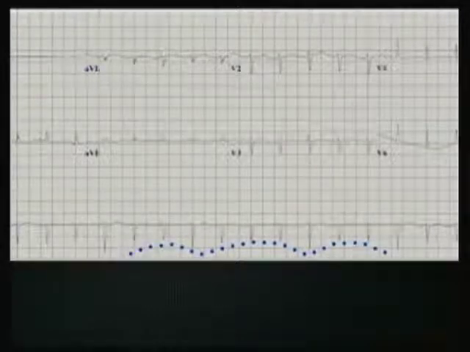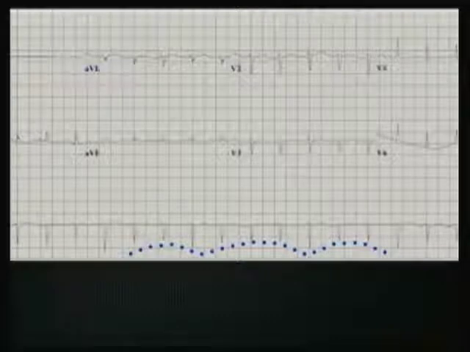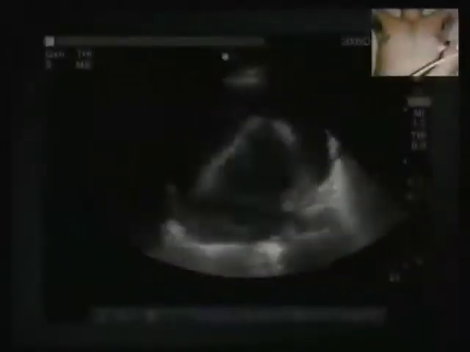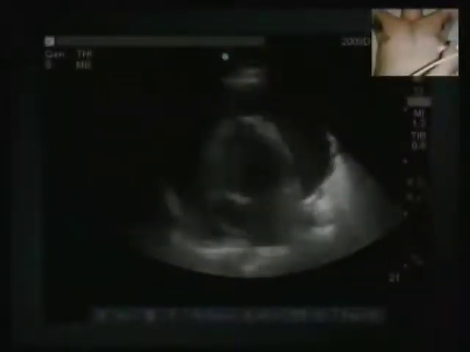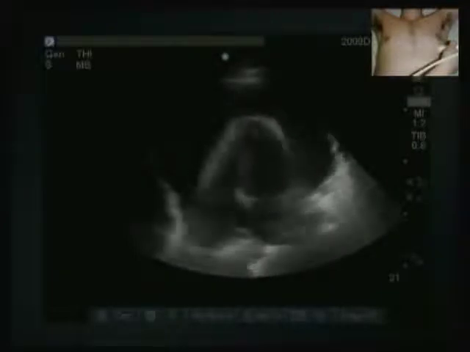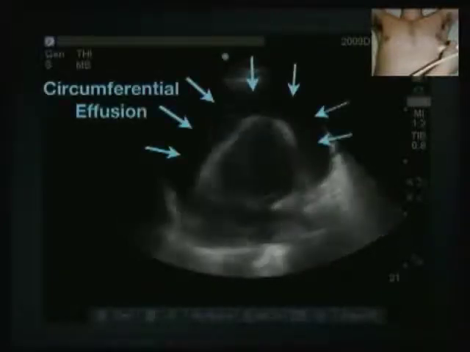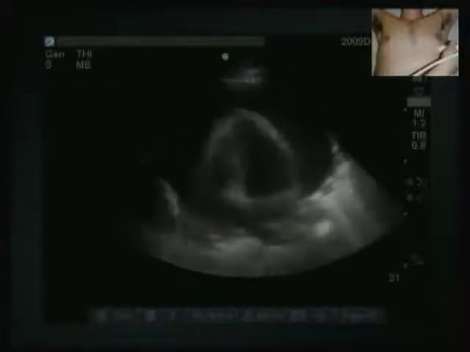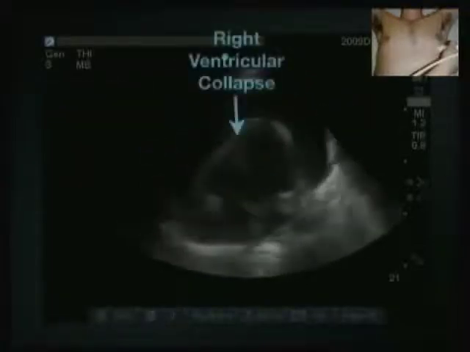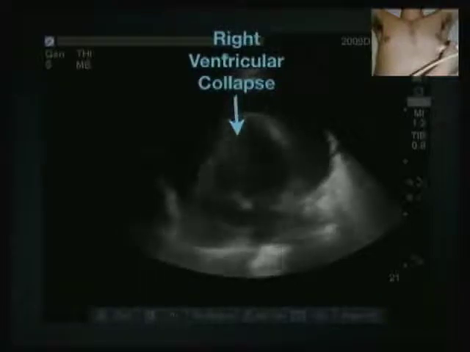So you are concerned about cardiac tamponade, and you can take out your ultrasound machine to see if this is the case. And when you put the ultrasound probe on the patient's chest, you're rewarded by seeing a large circumferential effusion. As well, you can see that the right ventricle is kind of smushed.